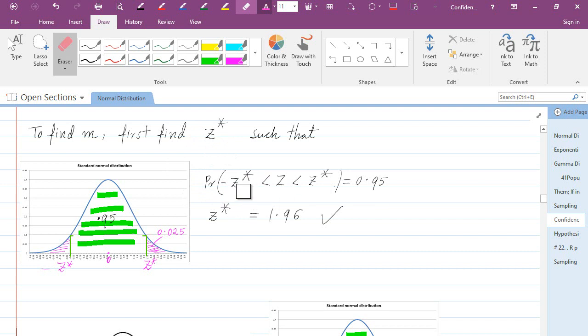In other words, we want to find a z star so that 95% of the area below the standard normal curve is between negative z star and positive z star, and that z star has to be 1.96.